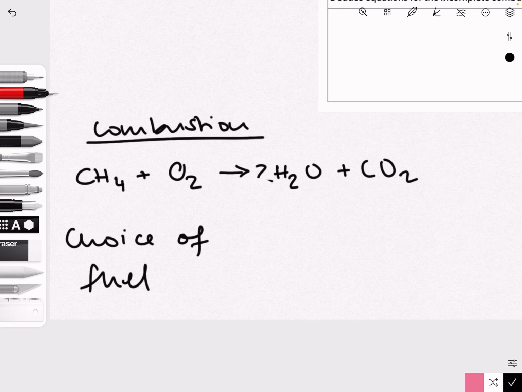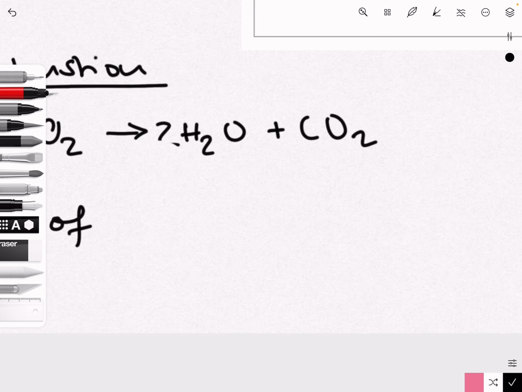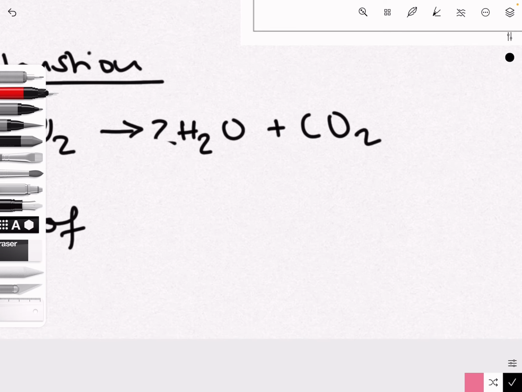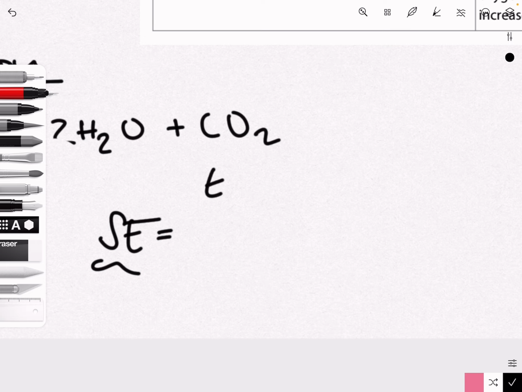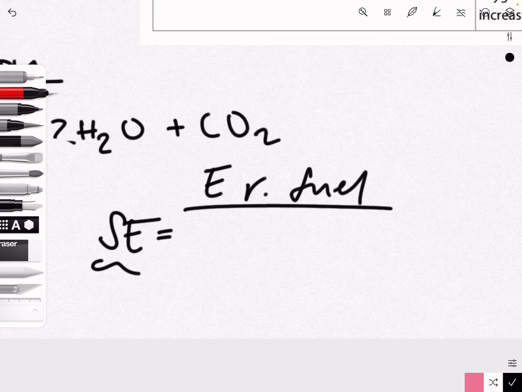So you can see essentially how much energy you can get from a set amount of this fuel, seeing which has the most energy. So let's say specific energy, this is just not the right way to spell it, but this is just so that you guys can understand. So energy released from fuel over mass of fuel consumed.